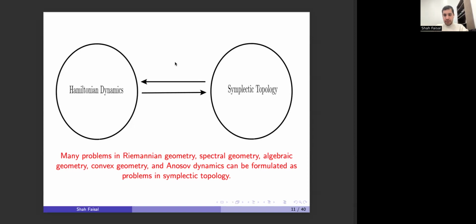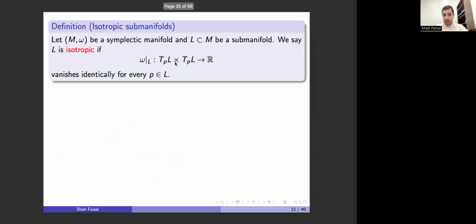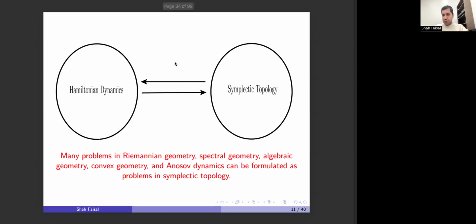Next, if you want to study a manifold, one way to do it is to look at submanifolds of the given manifold. For example, in Riemannian geometry, you would probably like to look for one-dimensional submanifolds like closed geodesics, and maybe minimal submanifolds, and so on.